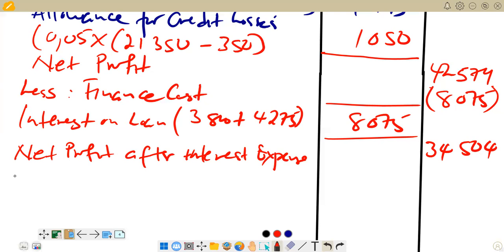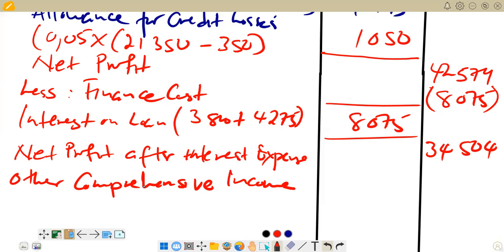And then we check if you've got other comprehensive income. Remember, we might have interest received; if there's interest received, it comes under the comprehensive income. But if you check in our question, we don't have such. So we are just going to put a dash, there's nothing. Then if we add this other comprehensive income, we're supposed to add it to 34,504 to get the total.